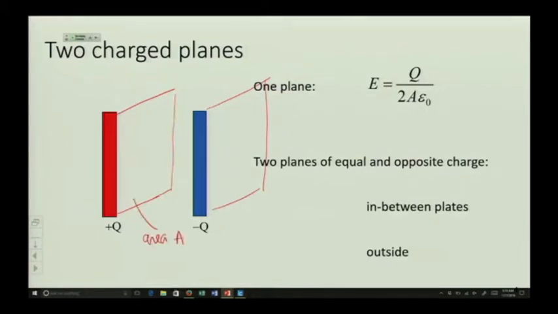Now what I want to do is figure out, if I put both of these together, what will be the net electric field. So let me do one at a time. Which way will the electric field of the positively charged plane point? Away from it on either side. So that's the field of the positively charged plane.